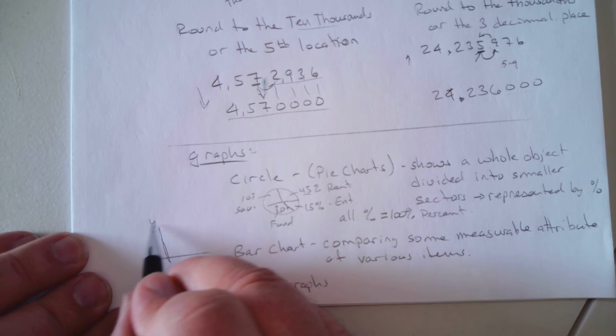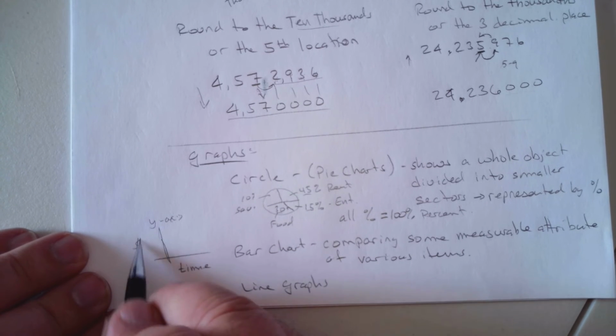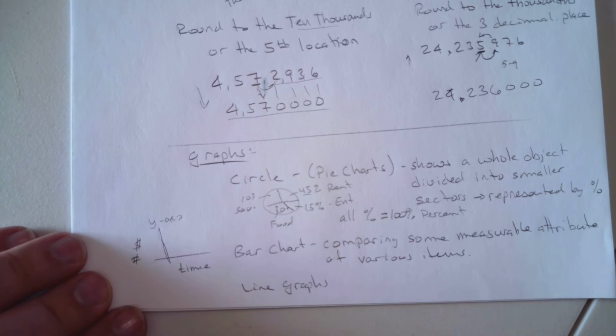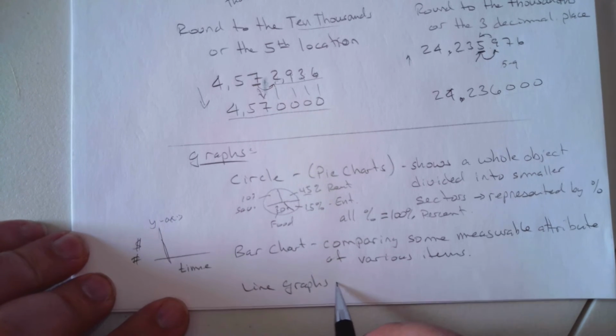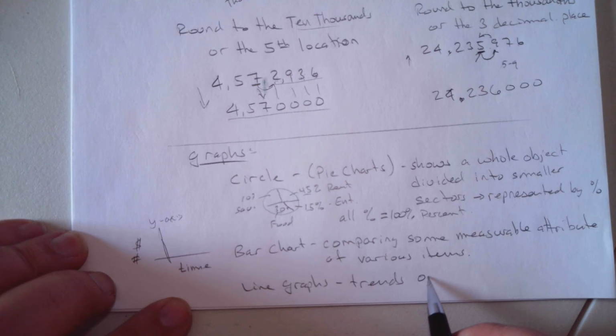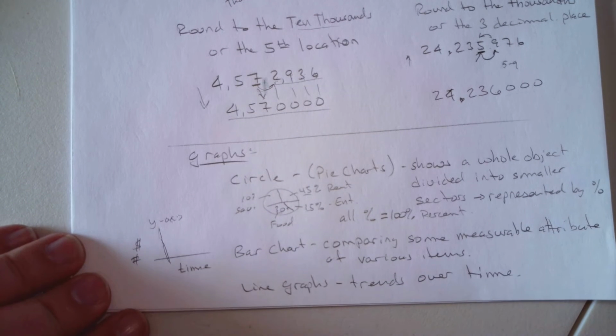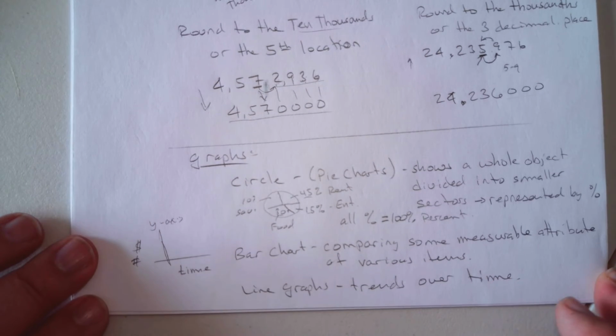And the vertical, the y-axis, deals with money, number of people, or whatever you're examining. And line graphs look at trends over time. And that's what we're going to look at today in our examples.